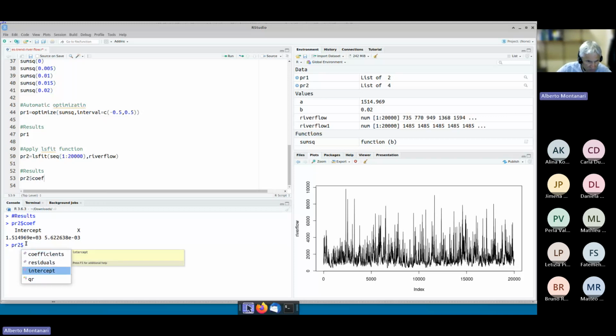Coefficient, residuals, intercept, QR. I think I need to compute another step. Let me write this.